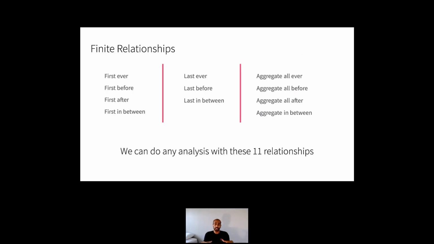And it turns out that almost any question you can come up with can be answered by these 11 relationships. By simply combining these building blocks and using these time-based operators, you can actually create any table you want. And I've been doing this for years. If you ever come to any of my demos, I will take live questions and show you how any question can be assembled with just these simple operators.